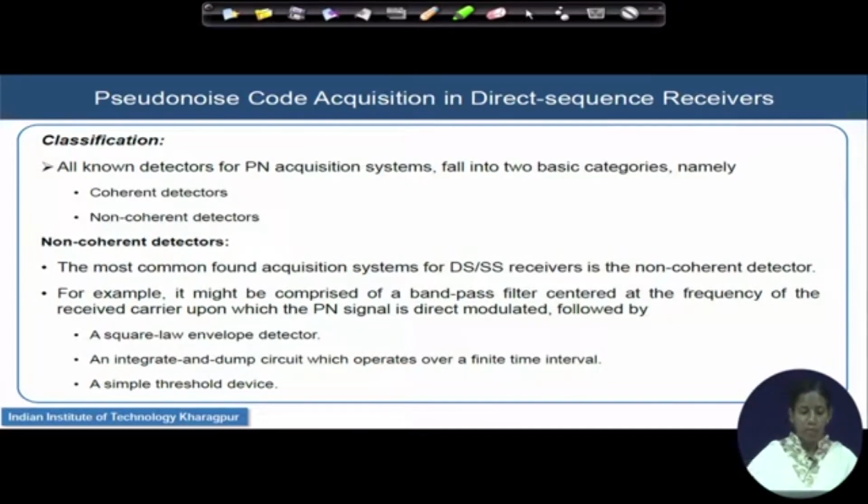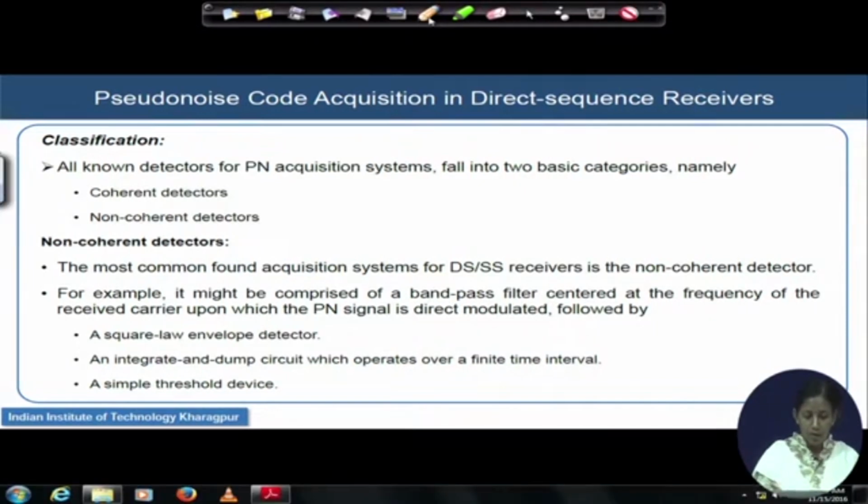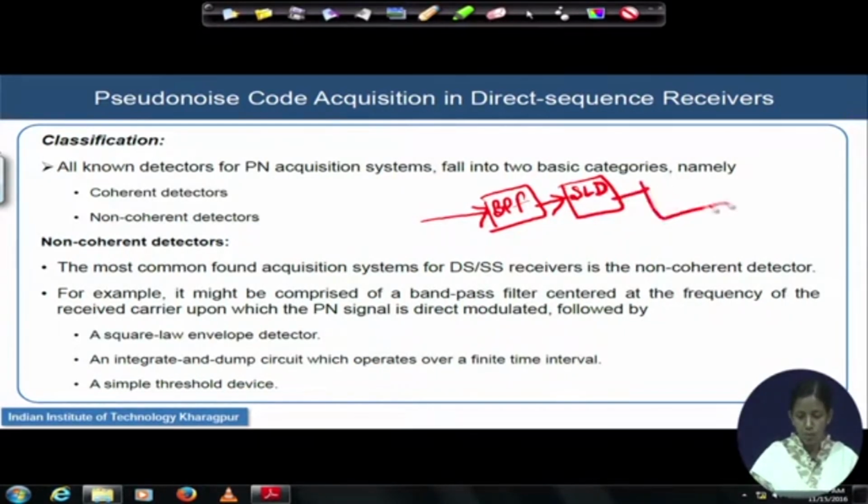So, we will prefer non-coherent detectors, and inside the non-coherent detector the architecture would look like this. The incoming signal enters after a band pass filter, then goes into a square law detector, and the square law detector output enters an integrate and dump circuit.